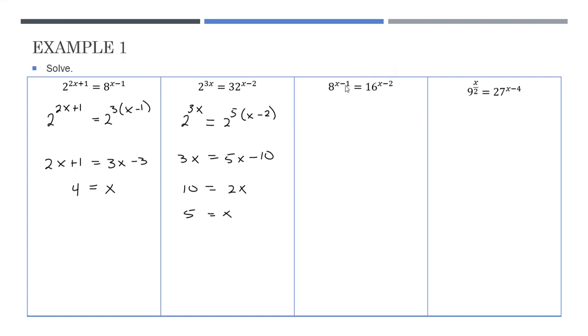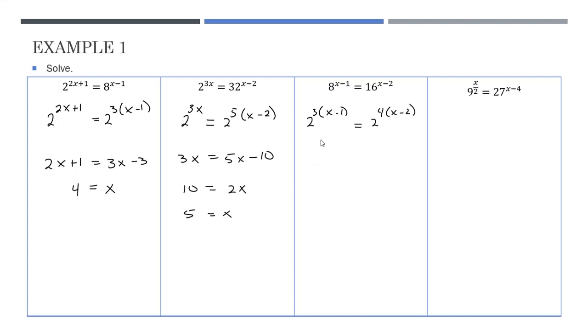All right, our third question. It looks a little trickier because it's maybe not as obvious that these have the same base. Like there's no way I can go from 16 to 8. However, these are both powers of 2. Like this can become 2 to the power of 3 and 2 to the power of 4. And so again, we'll do a change of base. So we get 2 to the power of 3 times x minus 1 equals 2 to the power of 4 times x minus 2.